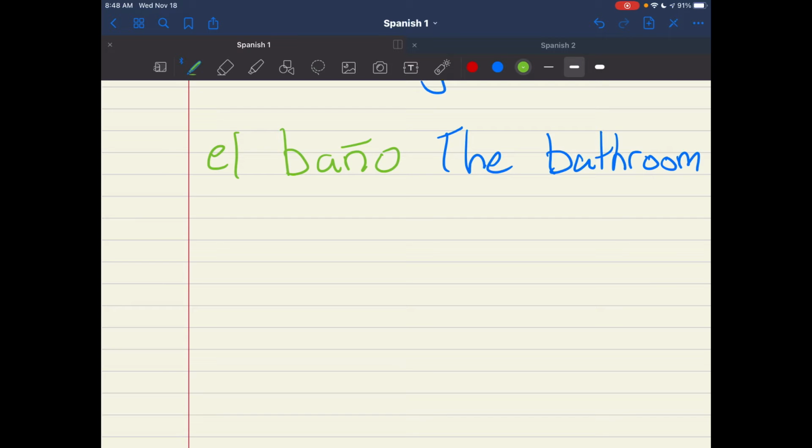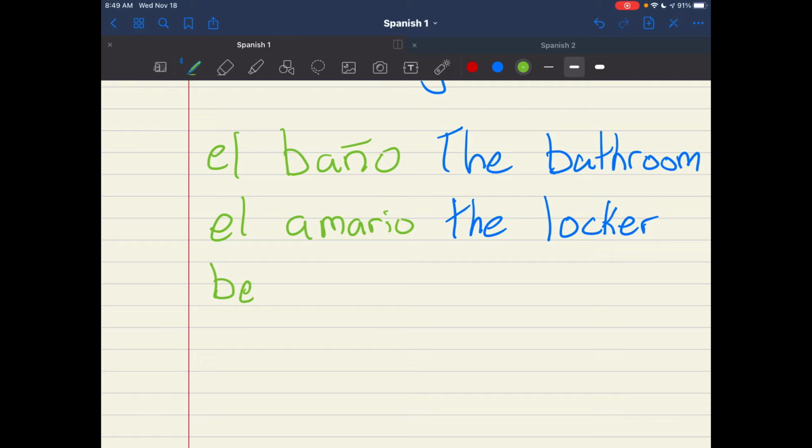We also have, let's see, we talked about a locker, so el armario, which is a locker. Another place we talked about was like a water fountain, but instead of using the actual words themselves, I think it's a lot easier just to say beber agua.